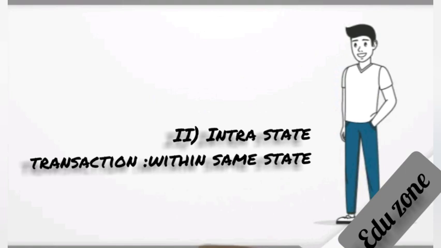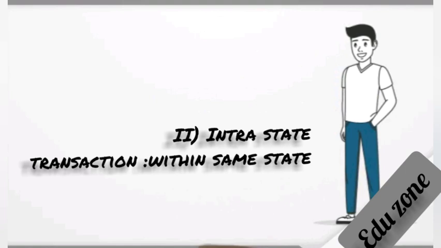So you now know the 2 types of transactions: the interstate transaction which takes place between 2 states, and the intrastate transaction which takes place within the same state.